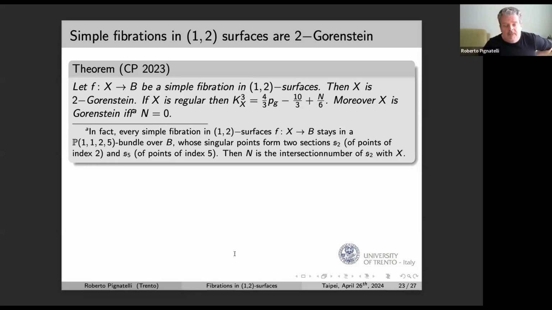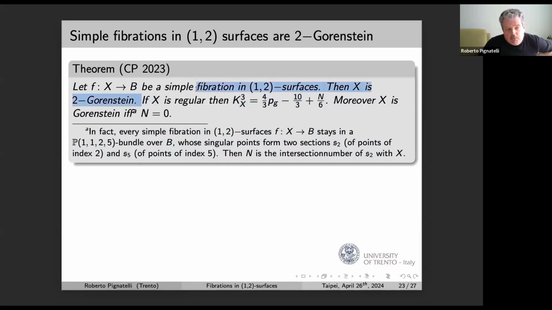If I have a simple fibration in K3 surfaces, so I get this definition I explained, relatively ample, every fiber is a hypersurface of degree 10 in P(1,1,2,5), then my threefold is always 2-Gorenstein. It is Gorenstein if and only if there is equality in the Noether inequality.